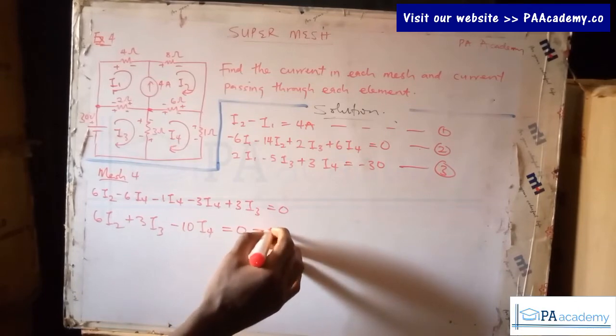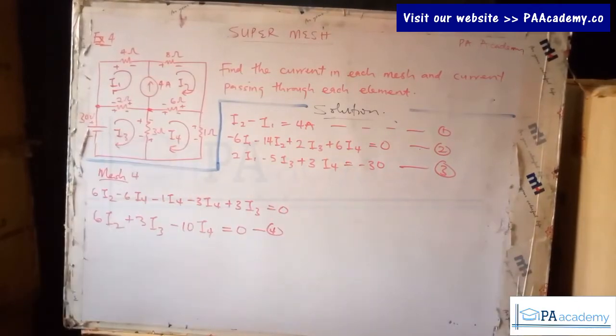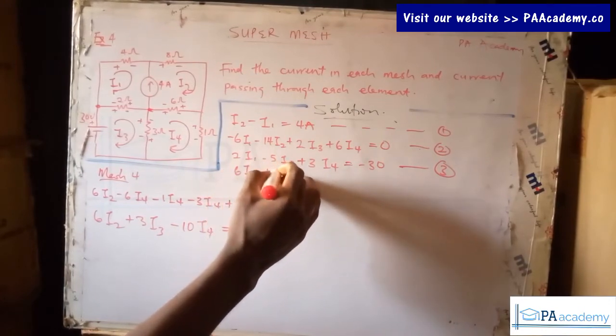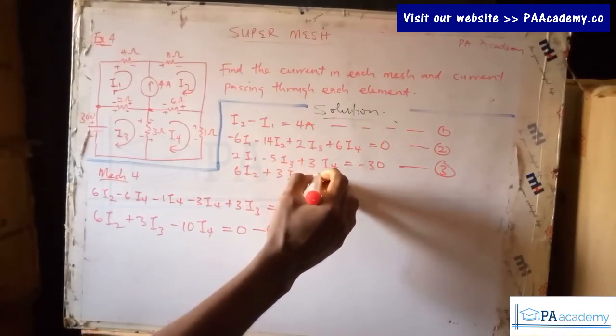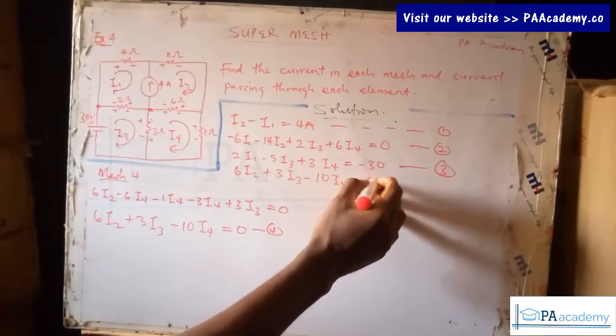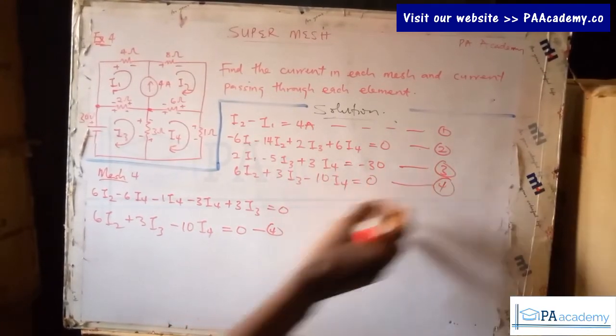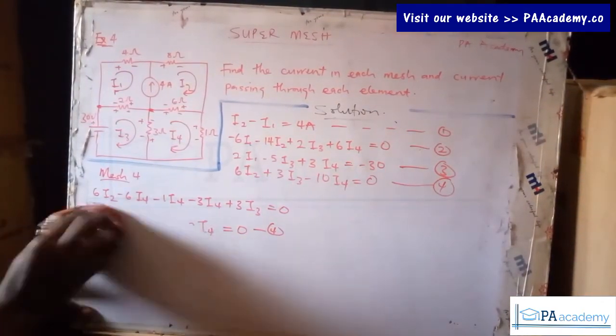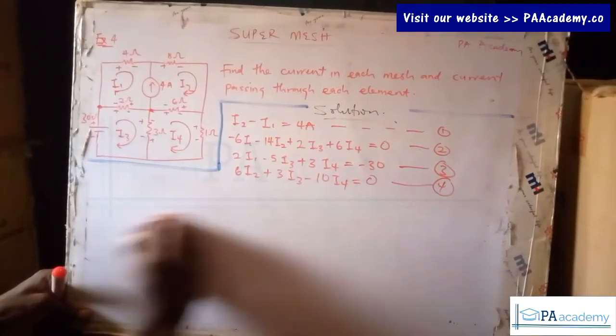So this is our equation 4. Let me write it here: 6 I2 plus 3 I3 minus 10 I4 equals to 0. So this is our equation 4. I can go ahead and rub this off so that we can have enough space to solve these equations.